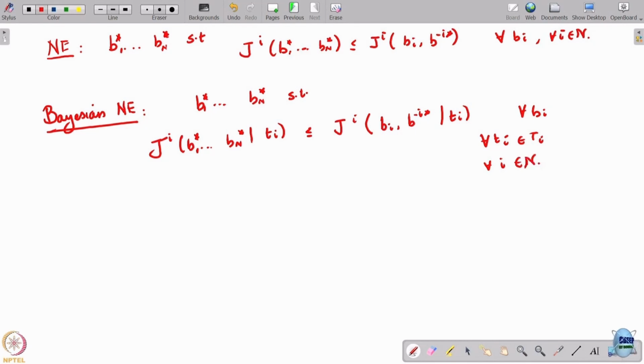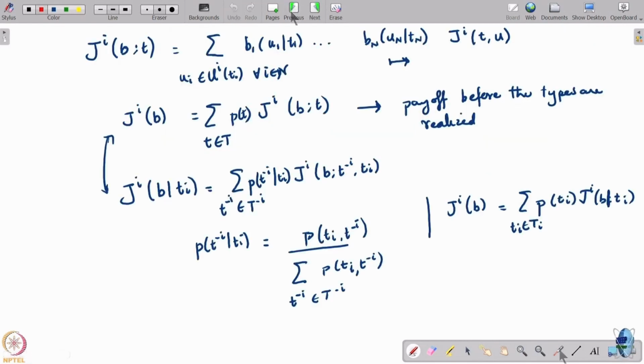So, what is the difference between the two? The difference is that in the above, the strategies are being chosen before the types get realized. Of course, the strategies are functions or behavioral strategies, so they are planning for every possible type.